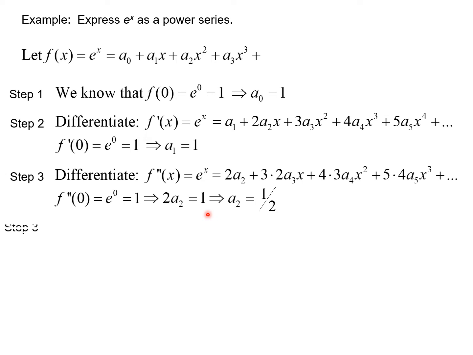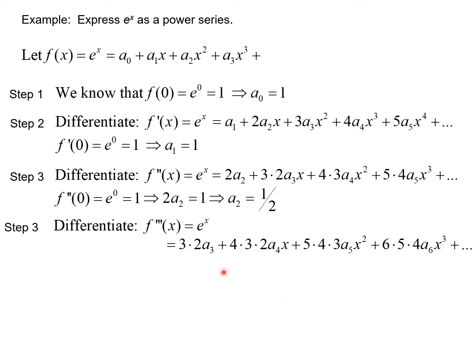Okay. Next, our next step will be to differentiate e power x in the third level. When we differentiate it again, we will still get e power x, and when we differentiate f double prime x, the 2a2 will be gone because a2 is already a constant, and then we will have 3 multiplied by 2a3 because the x will be gone.